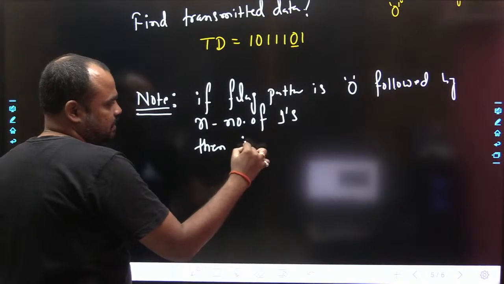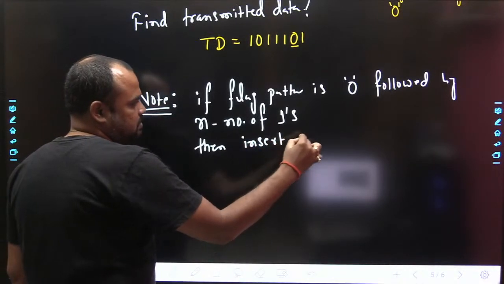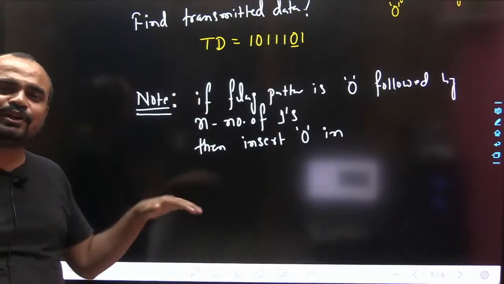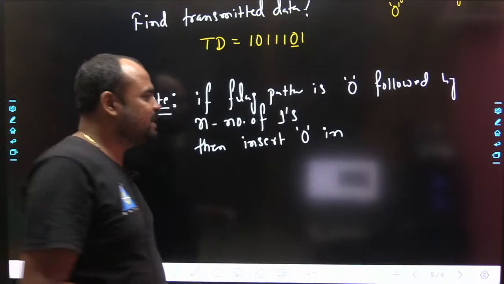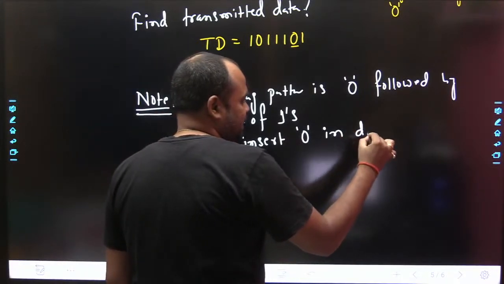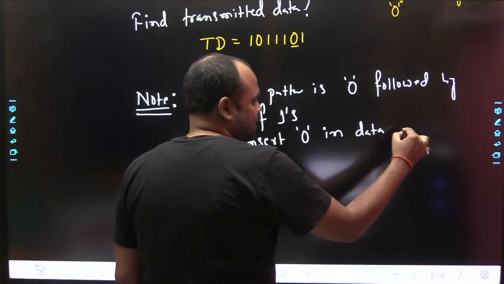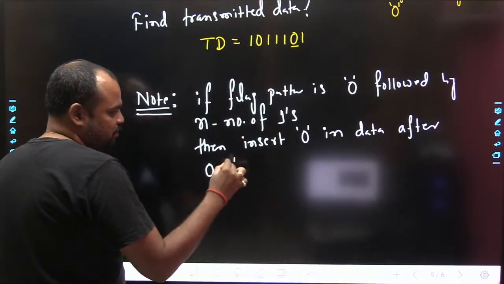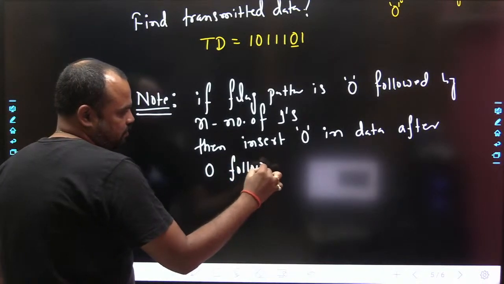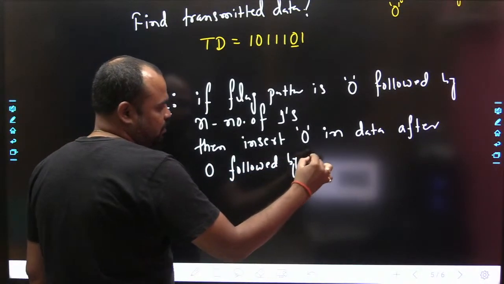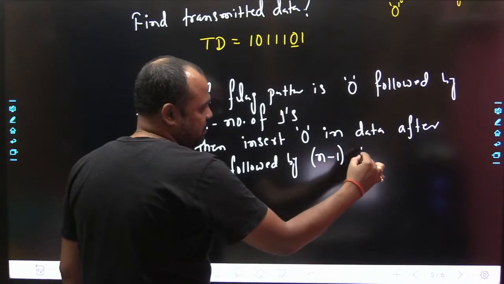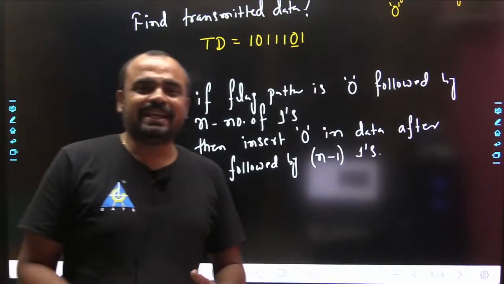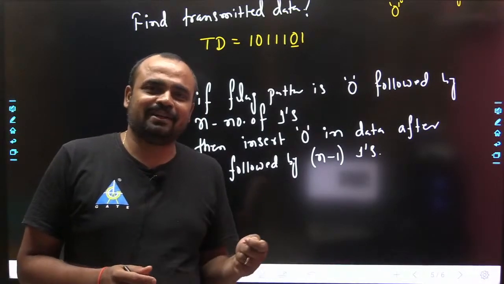Then insert 0 in the data part. Where do we need to insert 0? In the data part. Then insert 0 in data after 0 followed by n minus 1 ones. Yes or no? We never stuff 0 in a flag.